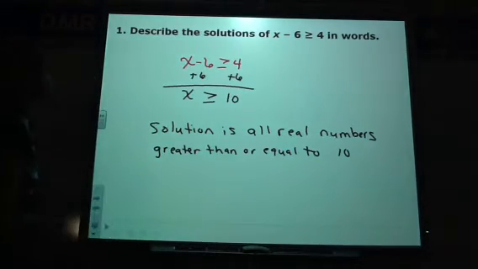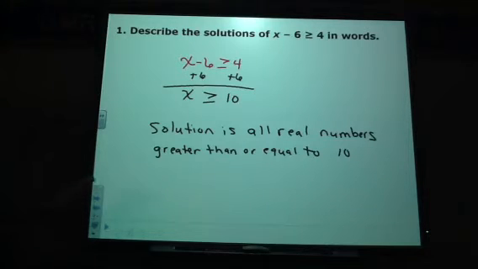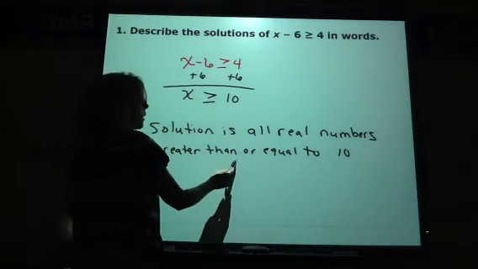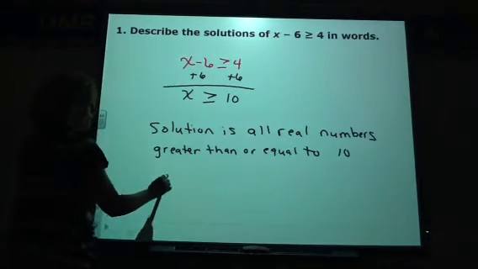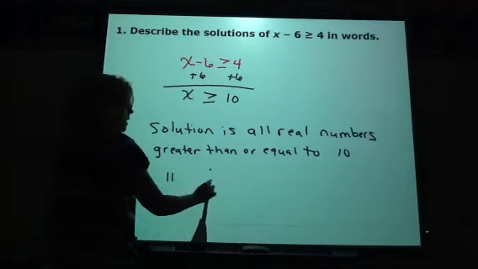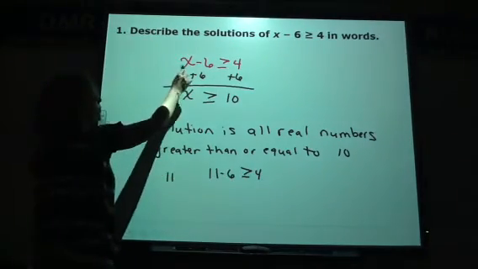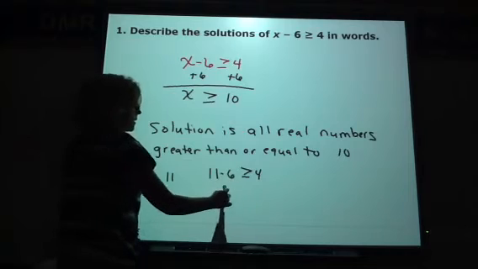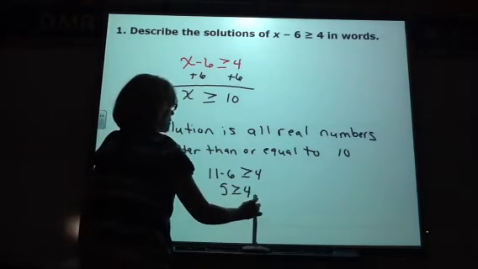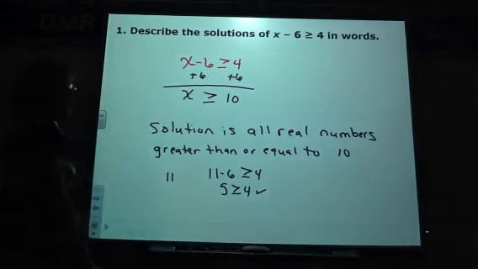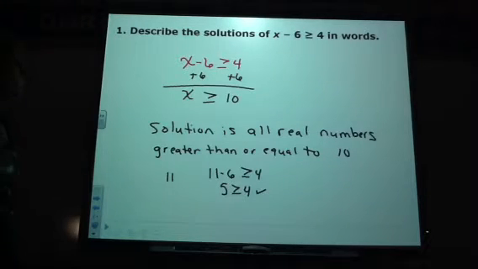So that's how you would describe it in words. Okay, so let's test one. What is a number that is greater than or equal to 10? Well, let's use 11. So 11 minus 6 greater than or equal to 4. Substitute 11 in for your variable x. 11 minus 6 is 5. Is that a true statement? Yes. So 11 is one of your solutions.